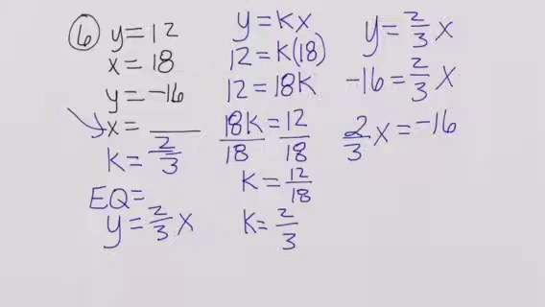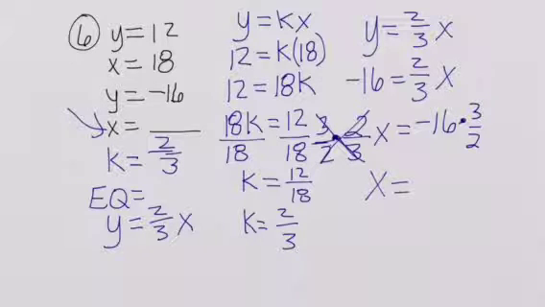To make this fraction go bye-bye, we flip it over and multiply, or we multiply by its multiplicative inverse. Whatever we do on one side, we do on the other side, brother-sister rule. So these cancel out. So we have x is equal to negative 16 over 1. 2 goes into 2 one time. 2 goes into negative 16 negative 8 times.